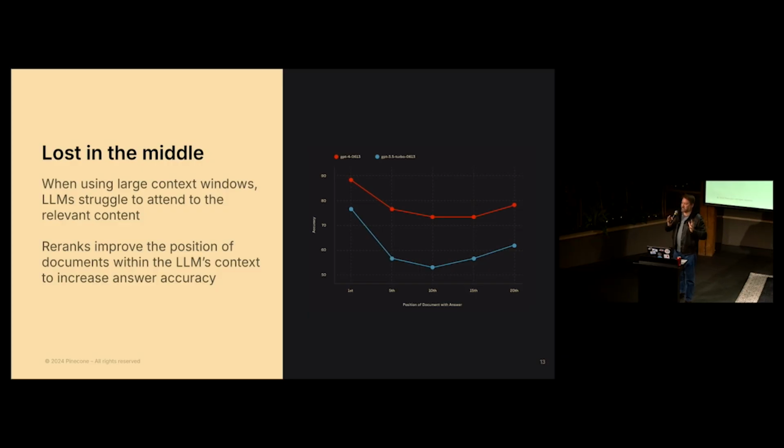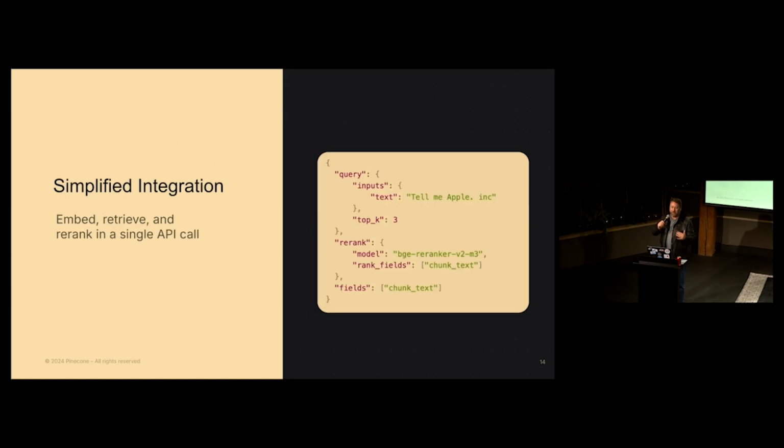This is why re-ranking is so important. It makes sure that the information that gets sent to the very top of the context window is the most pertinent, most relevant. It increases the accuracy of the LLMs significantly, as you can see on our chart here. And providing a single endpoint to do all of this, well, I'm repeating myself. It's a simplified integration to do all of it in one go.